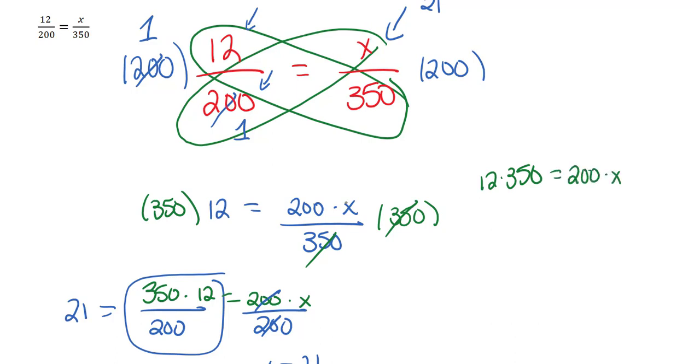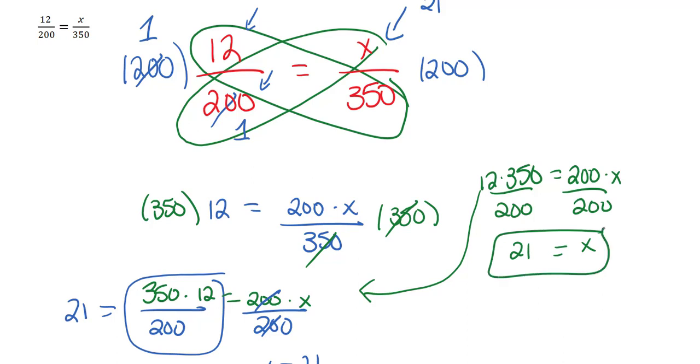And look at that, we get 350 times 12, which is equal to 200 times x. Then we would have just divided by 200, and we get x is equal to 21. So that's how we could have also got this. We could do it this method, or we can do this method by the butterfly.